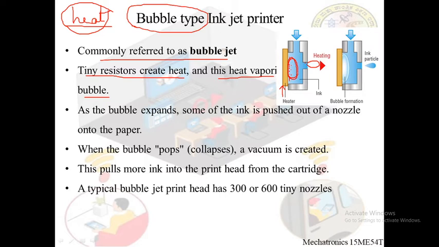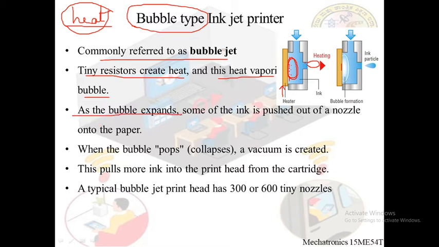This air bubble creates a high pressure. Because of this pressure, the ink particles, here we are able to see a bubble is formed just beneath the heating element. So therefore, a fine ink droplet is generated, which is pushed outside.